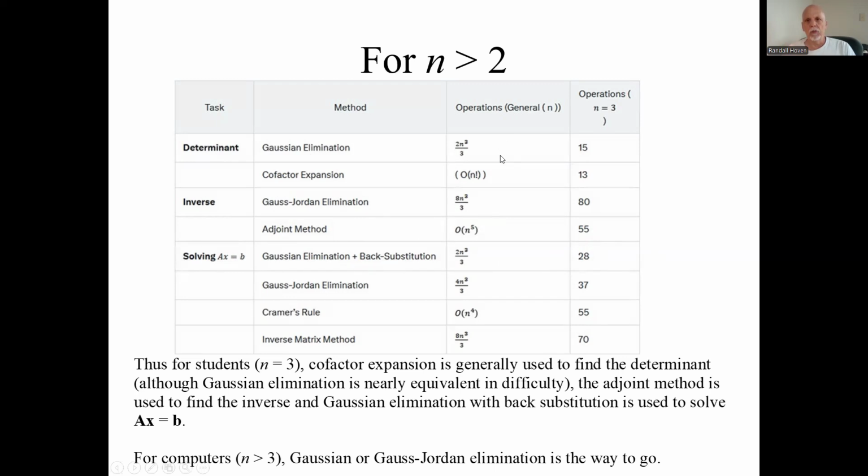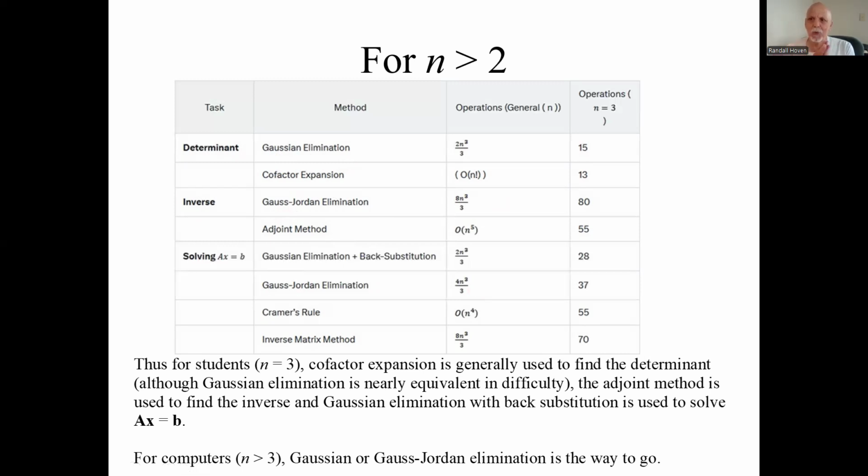But if you look for larger systems, and I'm not going to go through these numbers, Gaussian elimination, or elimination of some kind, was usually the most efficient way. And I believe that's how computers are programmed.